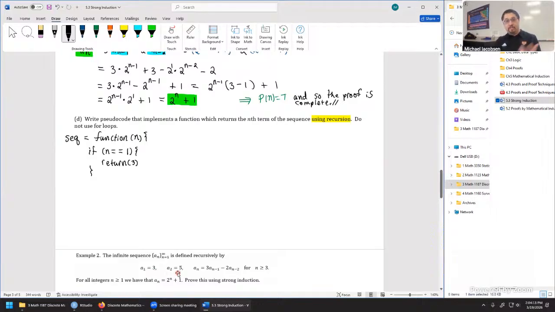But we have really 3 different cases, right? There's a trichotomy here with the way it's defined. So I'll use if and then else if as the next structure. Else if n is equal to 2, we're going to return the 5. Return 5. And then that entire block is done at that stage.